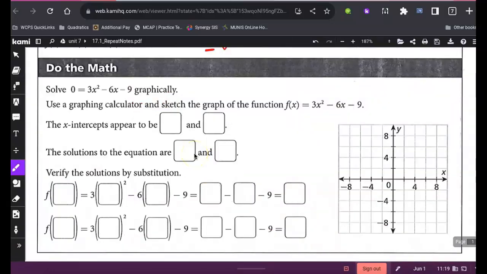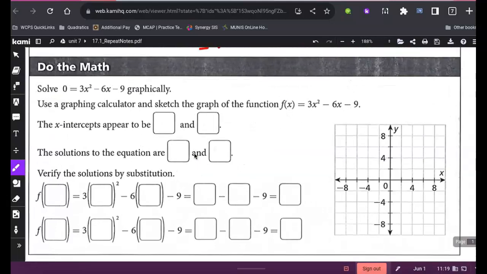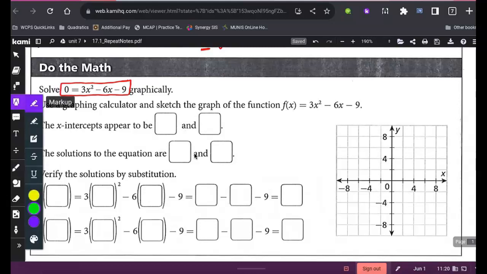All right, now we're going to go to the second example on that first half of the page. So this one says solve 0 equals 3x squared minus 6x minus 9. So we're going to circle that. That's what it's asking us to solve graphically. Use the graphing calculator and sketch the graph of f of x equals 3x to the second power minus 6x minus 9.